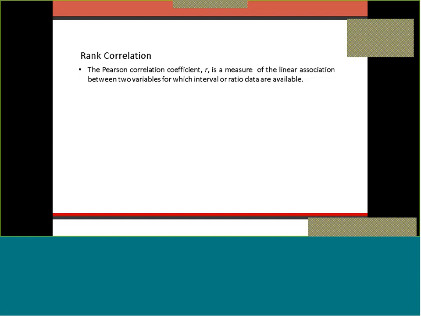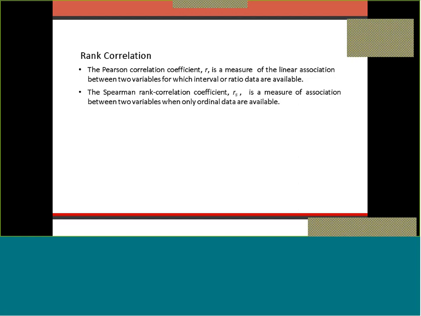Long back you might have come across Pearson's correlation coefficient R. The Pearson correlation coefficient gives a numerical relationship between two variables when the data is numeric, that is interval or ratio data. But when the data is ordinal, you cannot use Pearson's correlation coefficient.